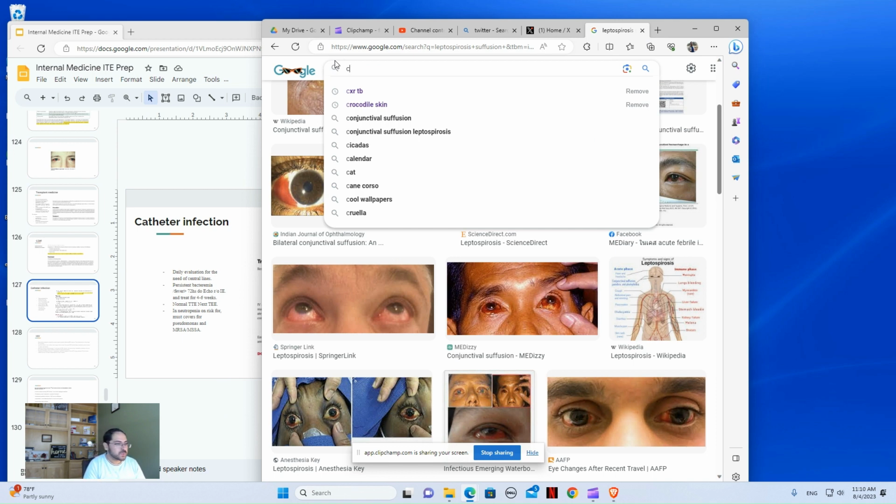Those are the questions: what kind of antibiotics, and if you need to remove the line. Yes, you remove the line if there are signs of infection around the line, like redness, tenderness, pus, abscess, pocket of abscess. Then you need to remove the line. If the patient is severely sick, sepsis, multi-organ failure, then yes, you need to remove this line.